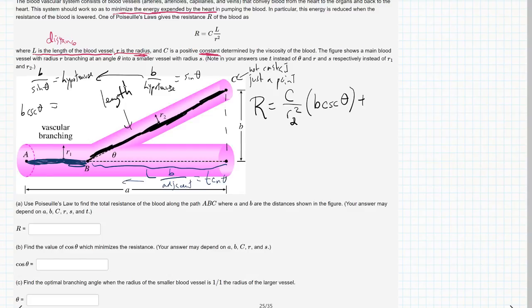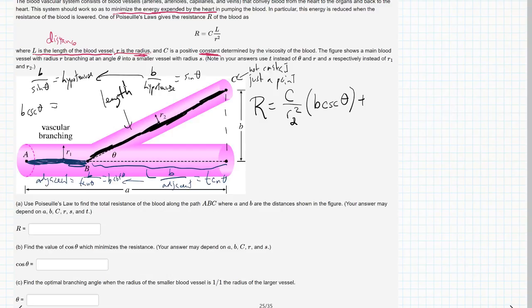So that means that when we solve for adjacent, we get adjacent equals B over tangent theta, which is just B cotangent of theta.